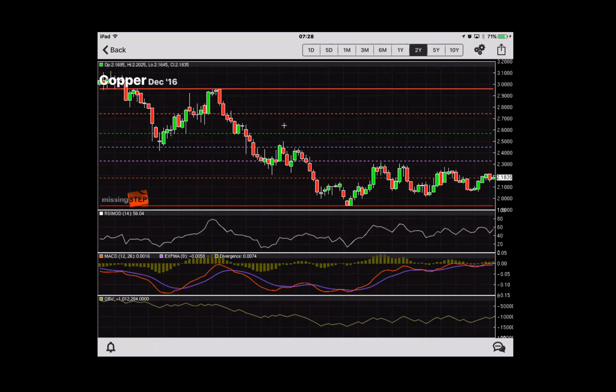But typically you get a whipsaw, it fakes one way and goes the other way. And you'll know too, there should be a gut reaction, depending upon which way you go with this. I prefer the short side, so if it should go up, I'd be looking to short copper.